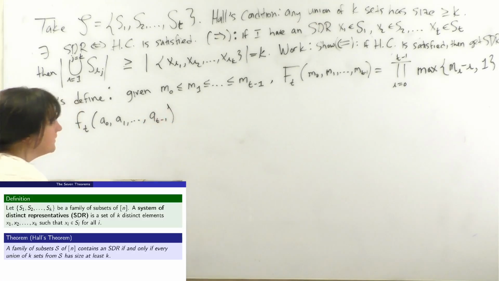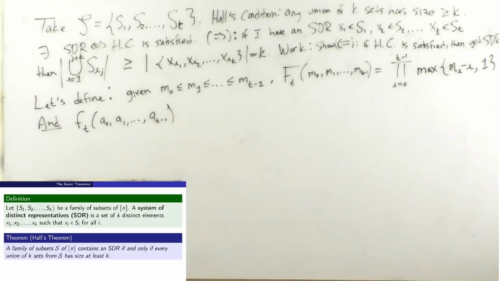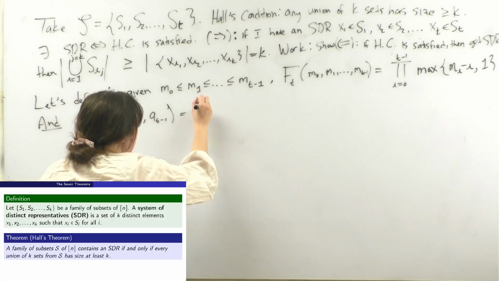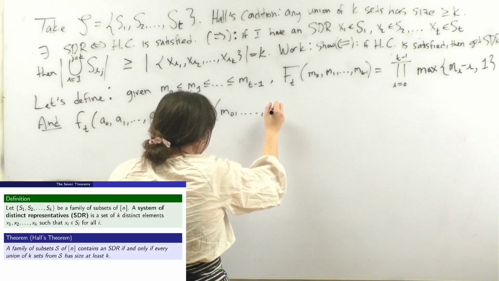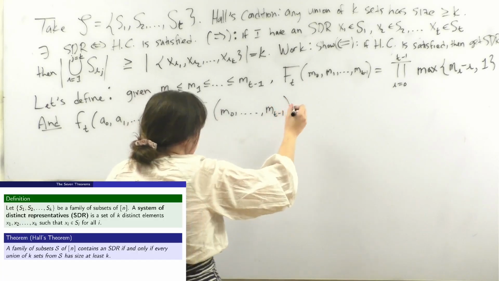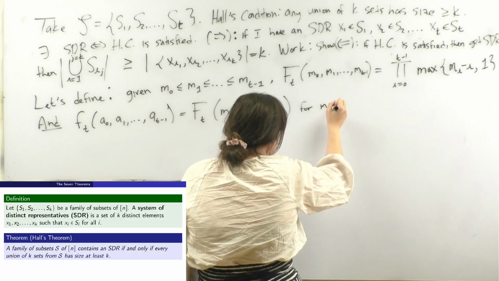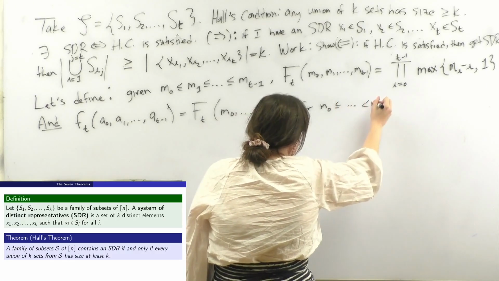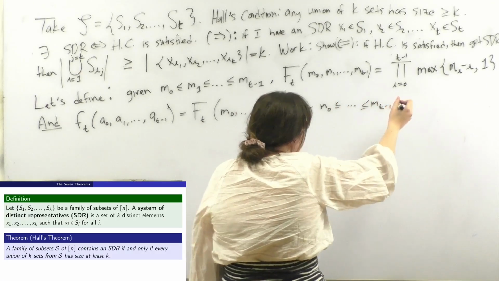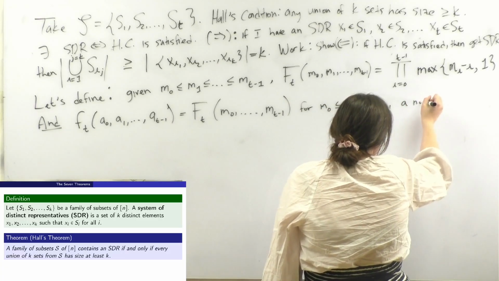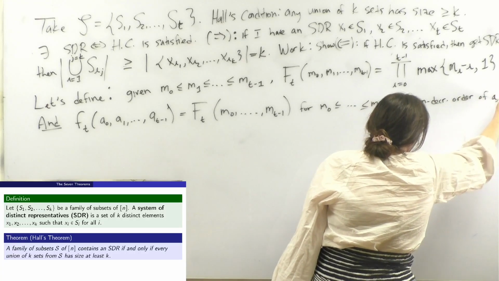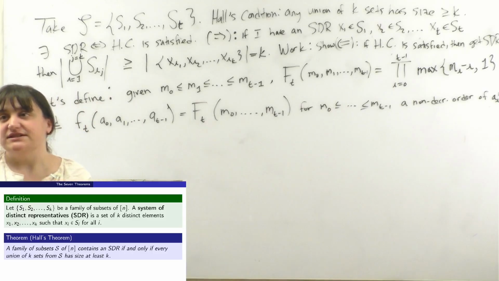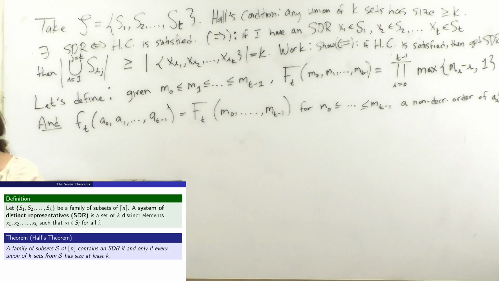If I just have a list of t numbers and I don't know about their ordering, what lowercase f sub t does is it says, put them in the right order, and then apply uppercase F sub t. So I find a non-decreasing order of the numbers that I plugged into lowercase f, and then I do this product. Okay.